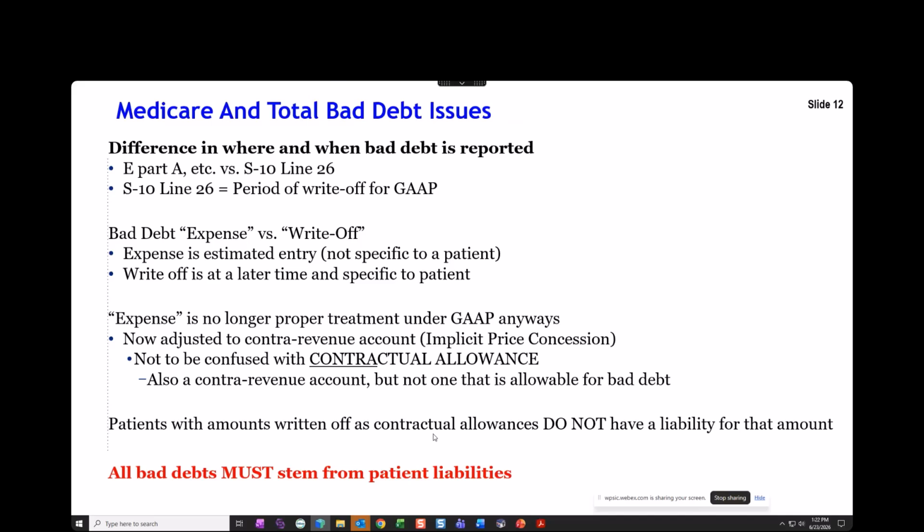And there's the way the rules were written, still not perfect yet, but S10 line 26 is all about when that account was written off for GAAP purposes, generally accepted accounting principles. In other words, for your general ledger, regardless of any Medicare rule, because there are additional Medicare policies above and beyond GAAP.